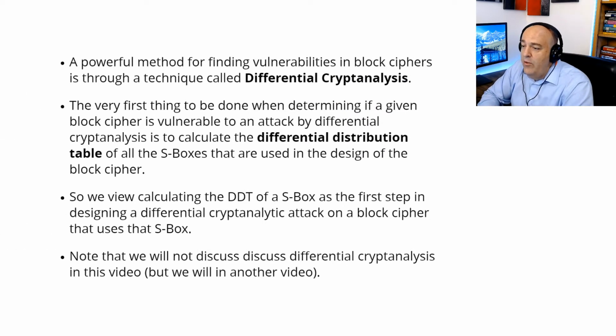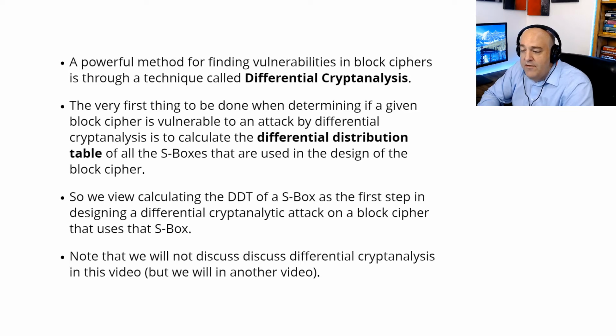There's many ways of attacking a block cipher, and one is called differential cryptanalysis. If you were looking to attack a certain block cipher through differential cryptanalysis, the very first thing you would do is calculate the DDTs of any S-boxes that are used in the design of that block cipher.